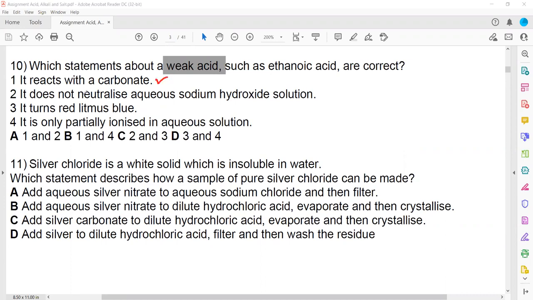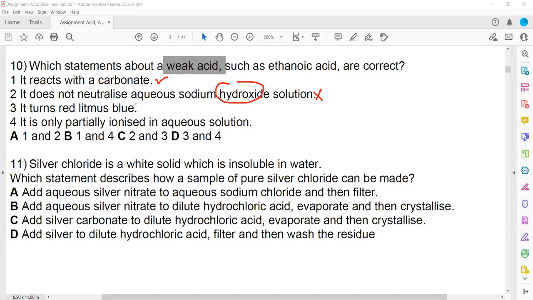That's true. It does not neutralize sodium hydroxide. That is wrong. All acids, even strong or weak, can neutralize an alkali or react with hydroxides.